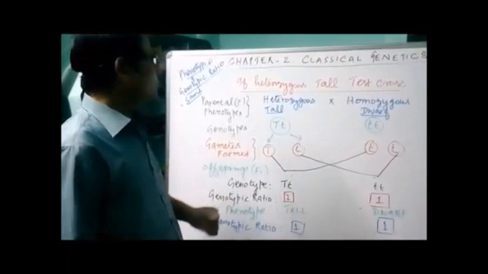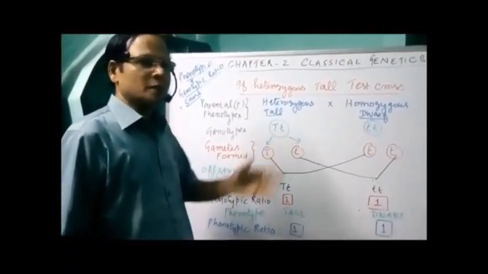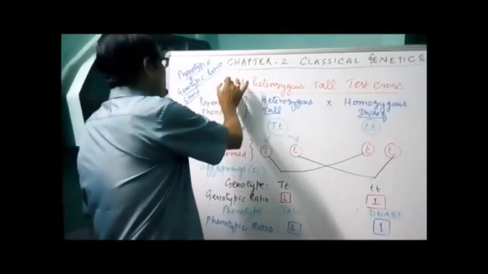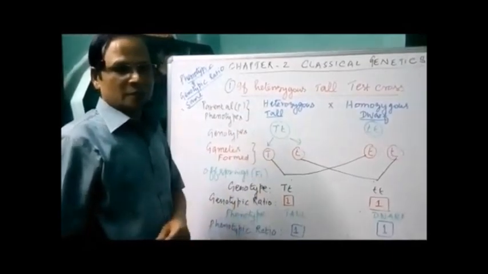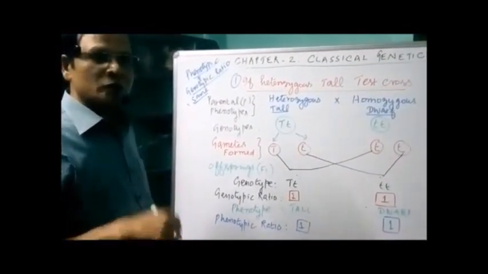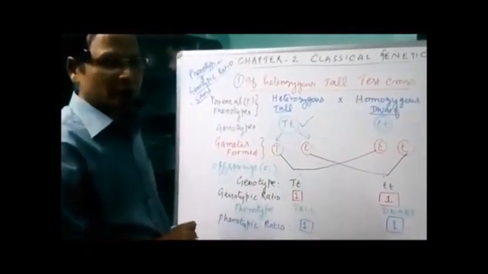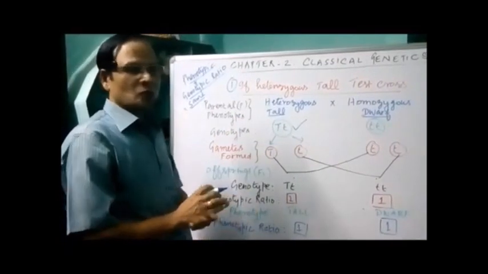Now, as per the book, if you are taking the recessive back cross or simply the test cross, one type of test cross is the heterozygous tall test cross, in which the heterozygous parent is tall. Actually, I am taking the tall plant.